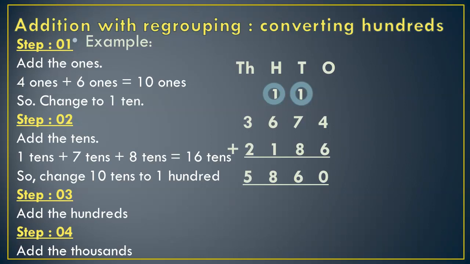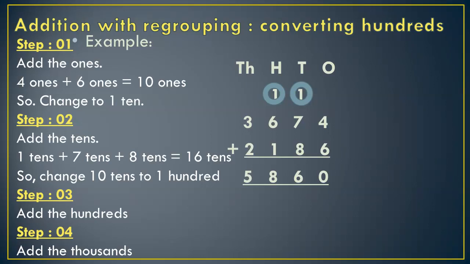So one moves to carry over to next neighbor. Step number 2 is add the tens. 7 plus 8 plus 1 is equal to 16.